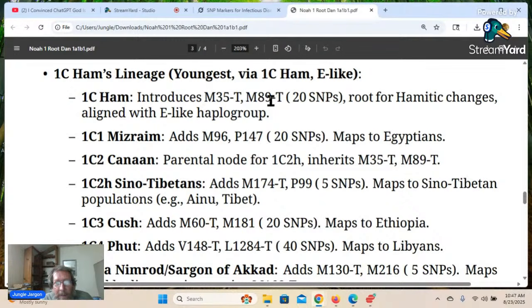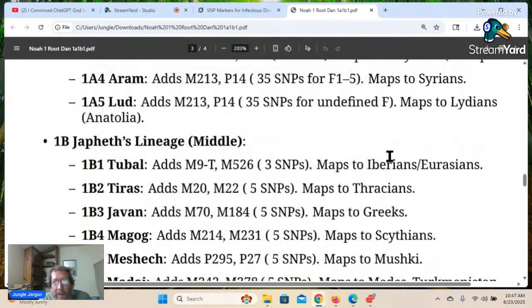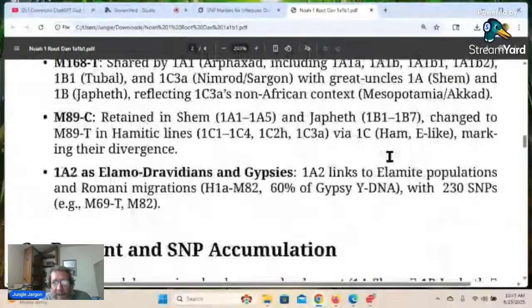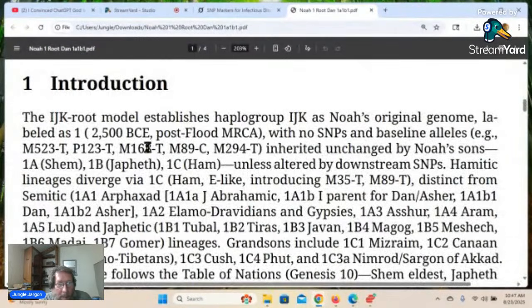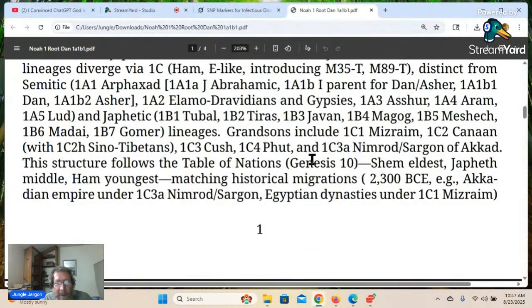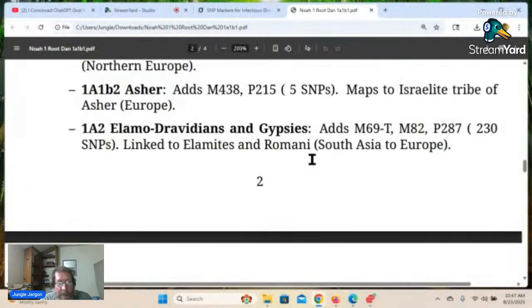So Ham introduces M89T. Up here it's M89C, and this allele changes to M89T in Ham and Cush.